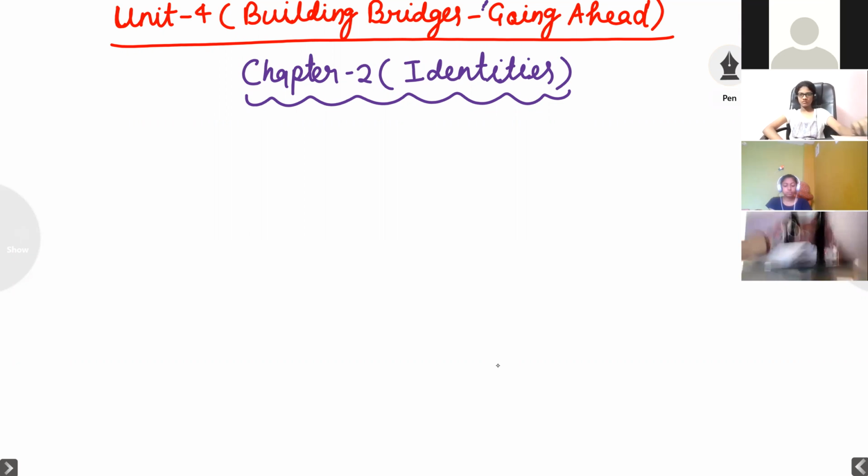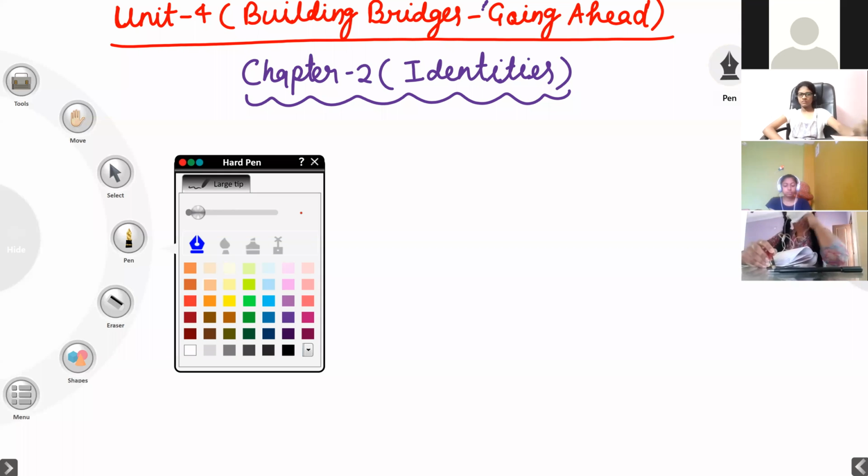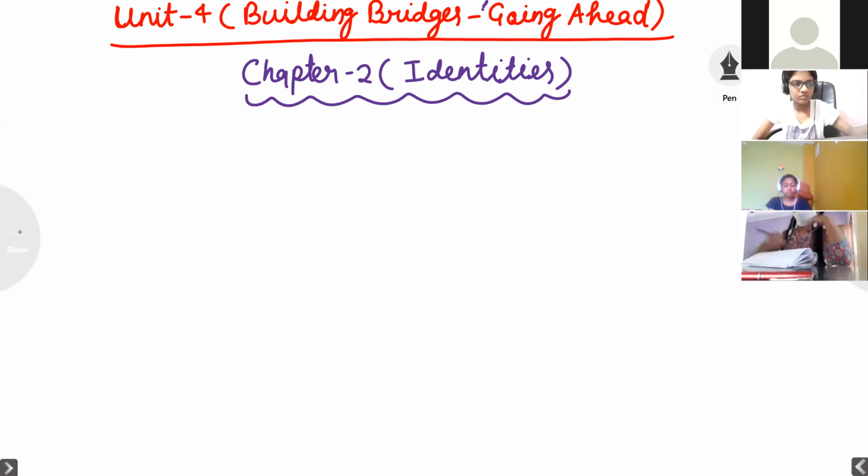In this chapter, firstly, I am going to explain about formula. Note down formula. First concept in this chapter, formula.